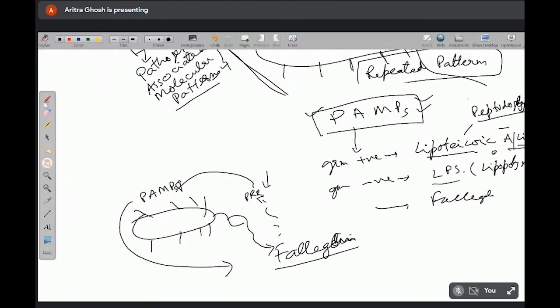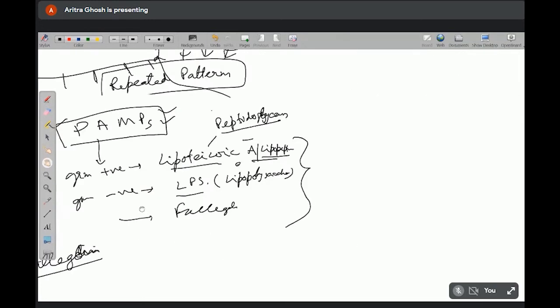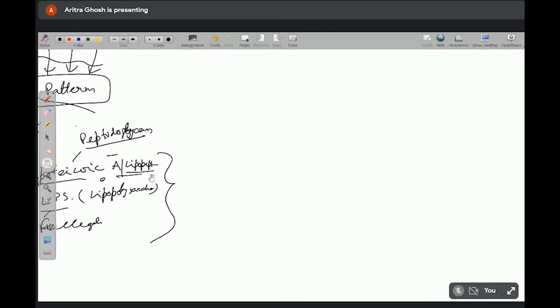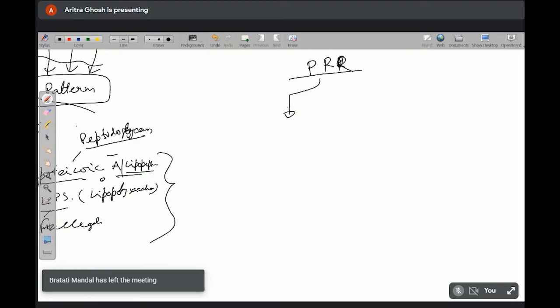Number 3, that is RIG receptor. RIG means retinoic acid inducible gene 1 receptor. I will come to it later if I get time, or if you are interested. Another is the NOD receptor.